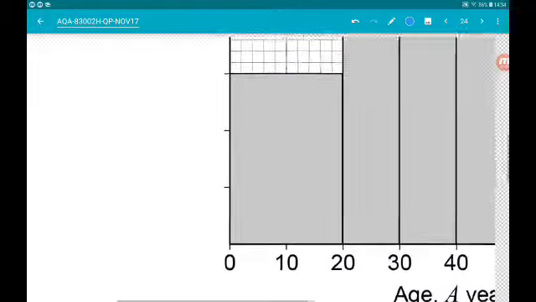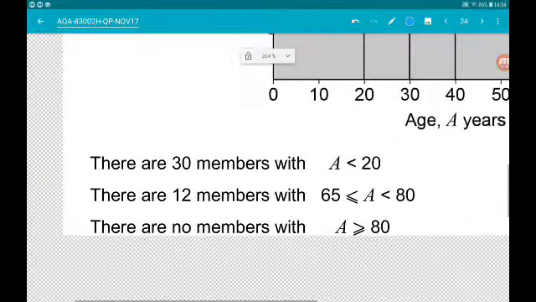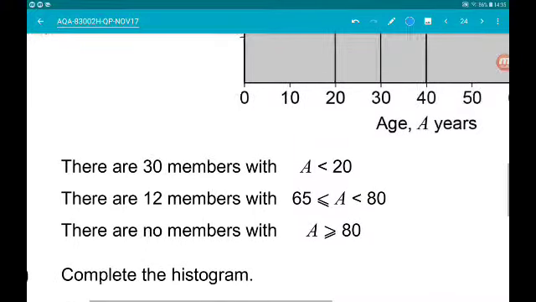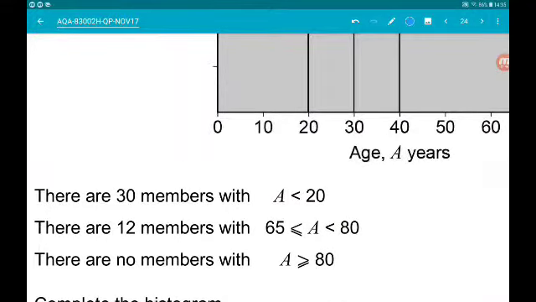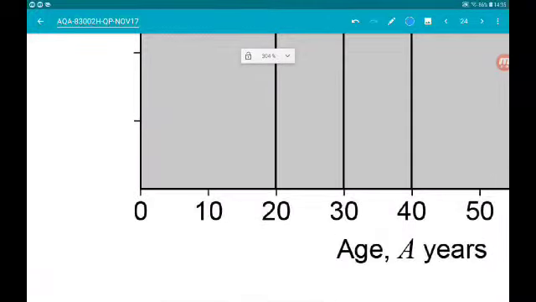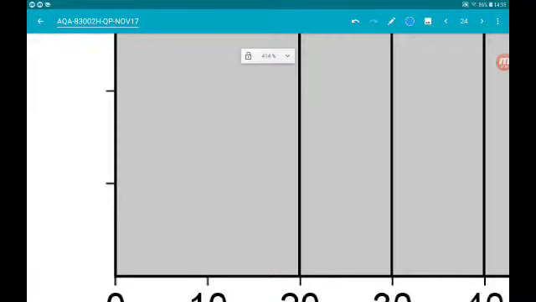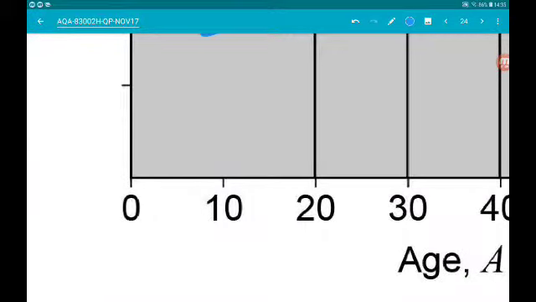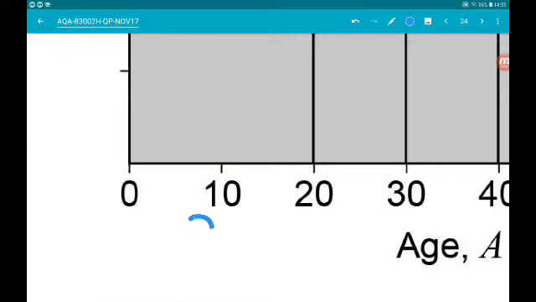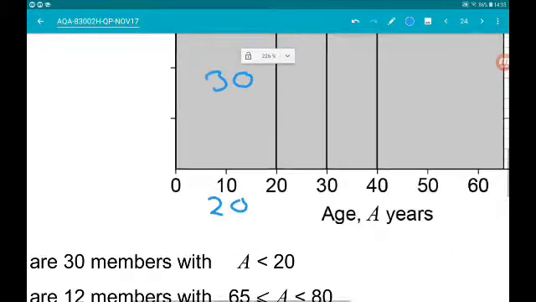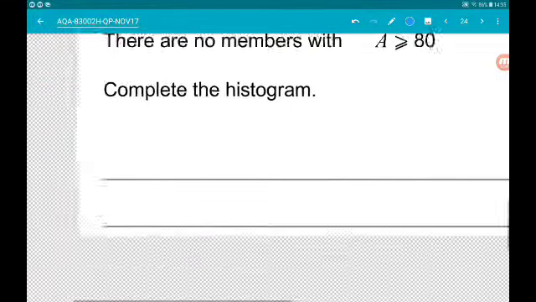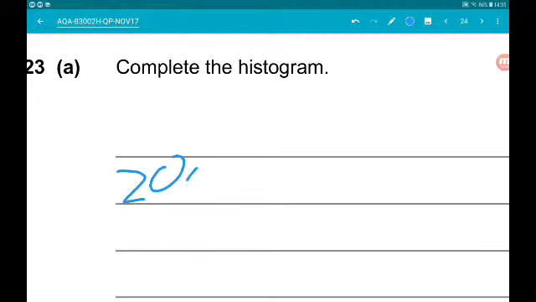So what we need to do here is find our scale for our frequency density. What we know is that there are 30 members with age less than 20. So we know the area of this first bar has to be 30. Now we have an interval of 20. So we know from that 20 times the frequency density has to equal 30.